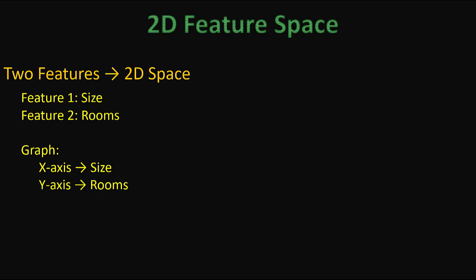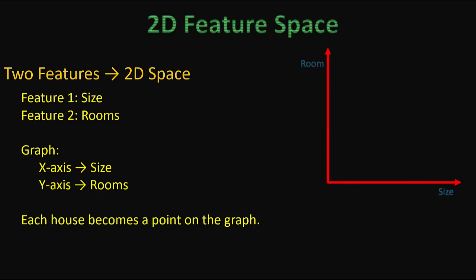If you draw a graph, on the x-axis we have the size, on the y-axis we have the rooms. Both coordinates are features. Each house becomes a point on the graph. So on the x-axis we have 1200, and on the y-axis we have 3. This point represents the house. This is how we have the 2D feature space.